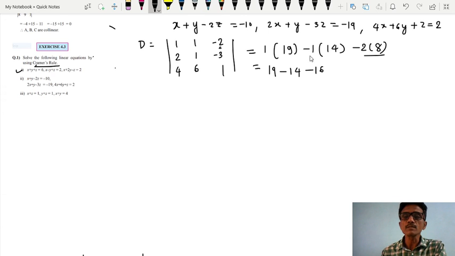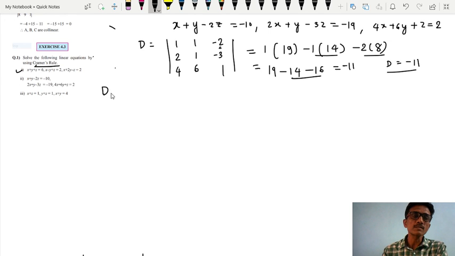It is minus 16 minus 14, and this is 19. So it will be 30 and this is 19. So 11, it will be minus 11. So d is equal to minus 11.